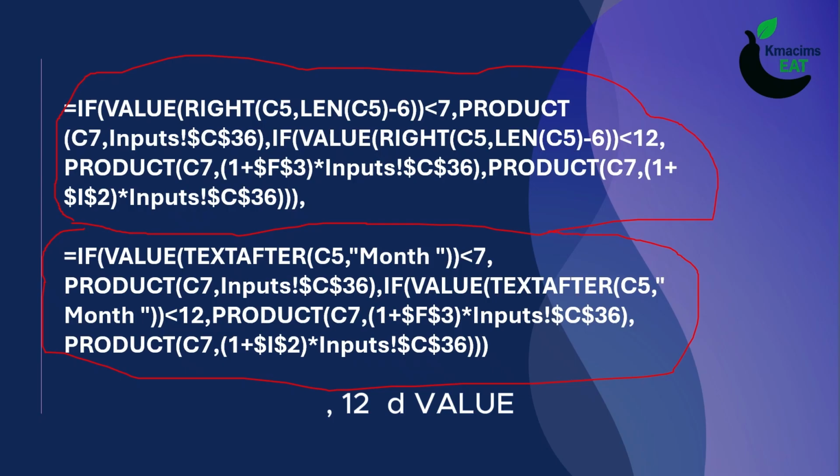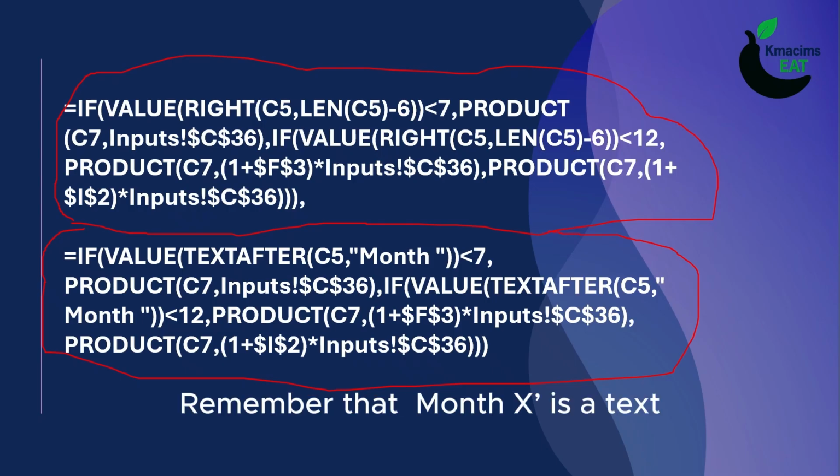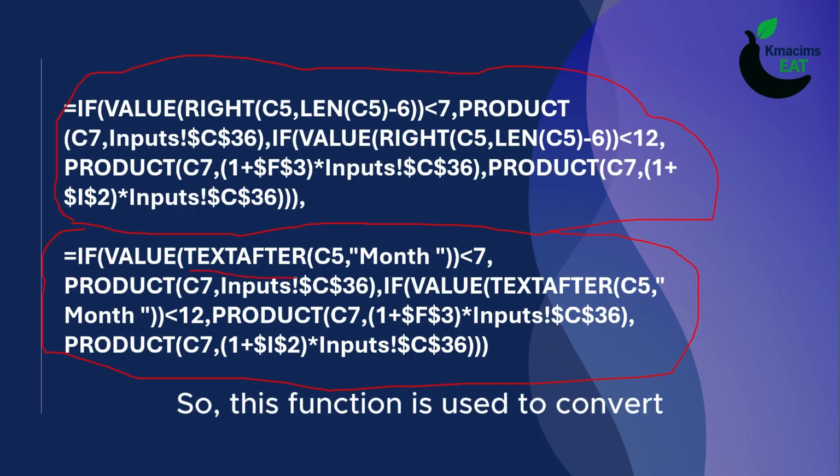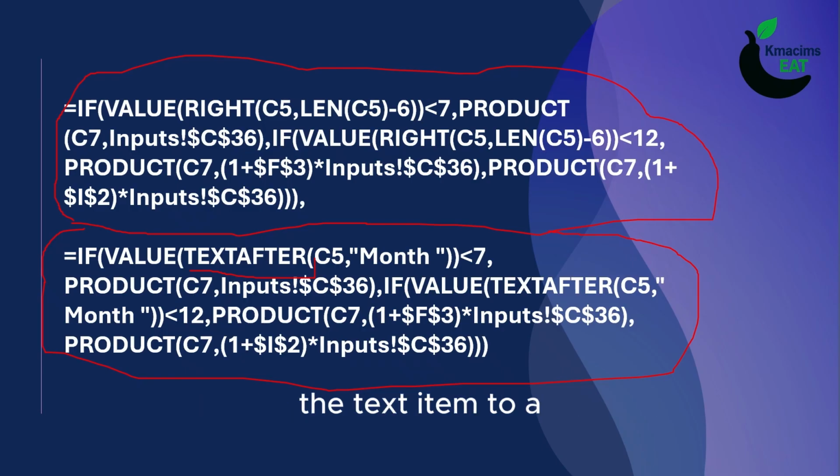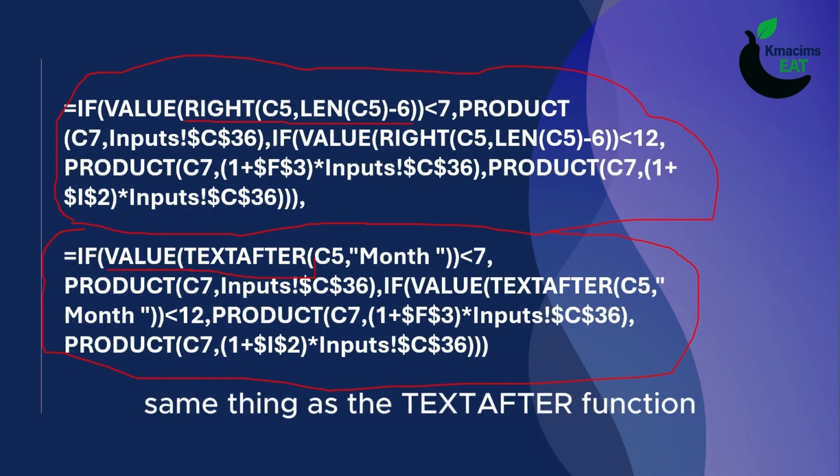D. VALUE: remember that Month X is a text. So, this function is used to convert the text item to a number. E. RIGHT C5, LEN C5 minus 6 is used to return the rightmost value after Month has been removed. So, this function does the same thing as the TEXTAFTER function.